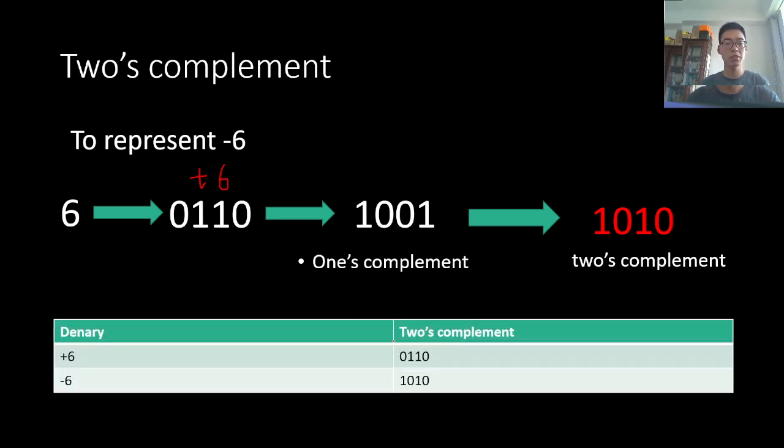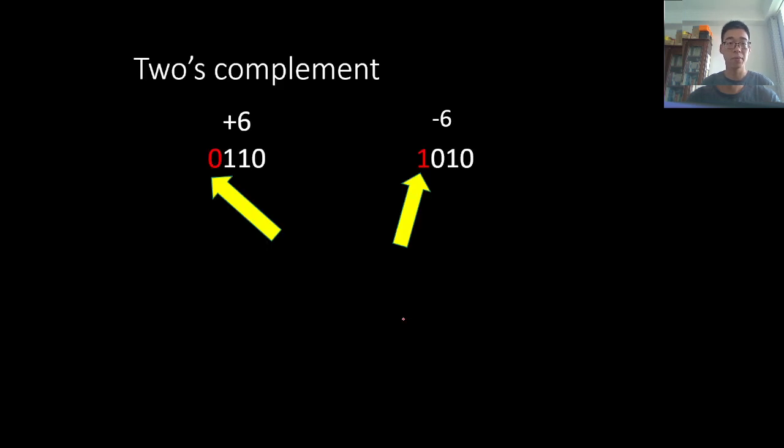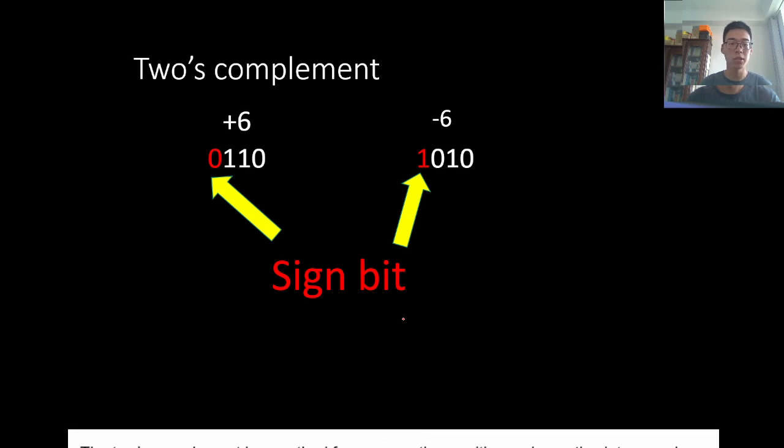So plus 6 is 0110 and minus 6 is 1010. You'll probably notice that the positive number has a leading 0 in front of it, and minus 6 has a leading 1 in front of it. What does this infer? This infers that when we do this conversion, we automatically add a sign bit, without actually knowing it.